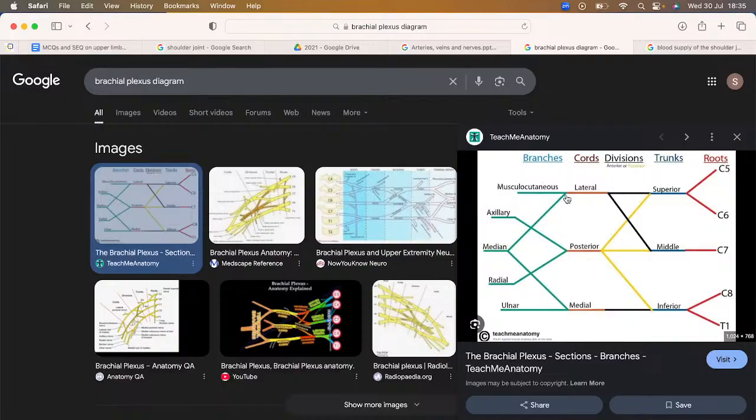If you can divide these sections by using some dotted lines, vertical dotted lines going down, that's a much better way to show the brachial plexus. Okay, and then from here you'll have to put all the branches, like long thoracic nerve coming from C5, C6, C7, the dorsal scapular nerve, and so on. So all the branches need to be annotated.